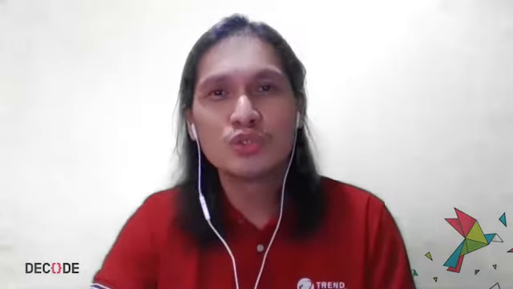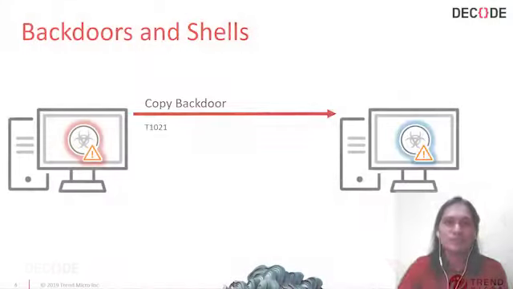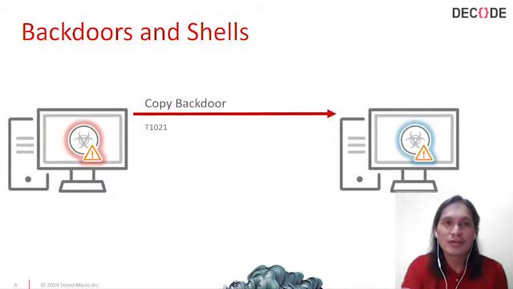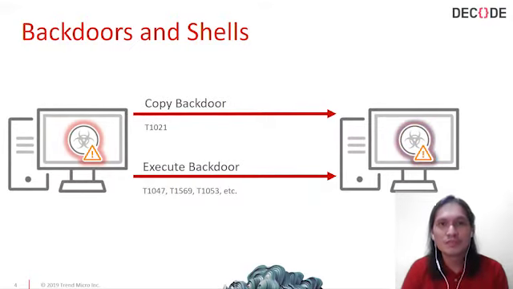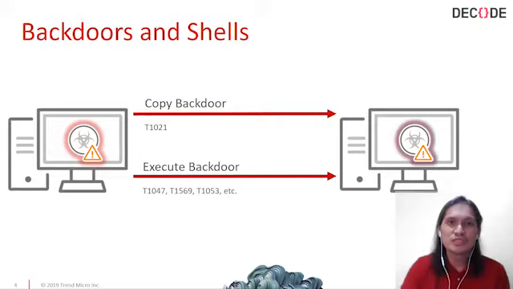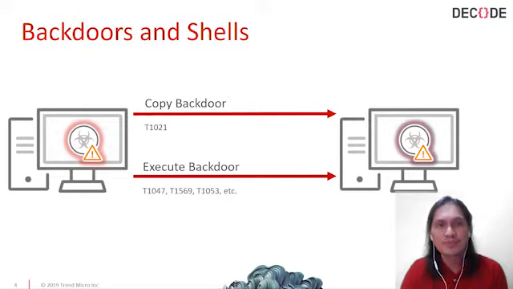So instead, what they usually use is the more subtle way of mapping a network drive, copying the backdoor, using that mapped drive, and then executing it through some means, like maybe calling wmic.exe or setting a scheduled task remotely or setting a service, and so on and so forth.